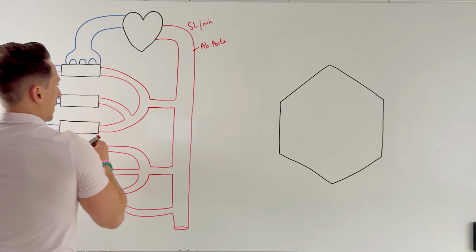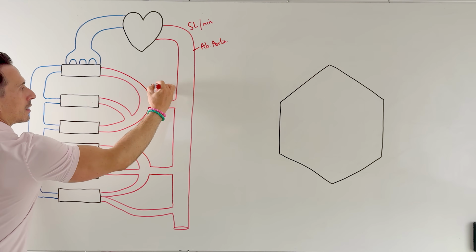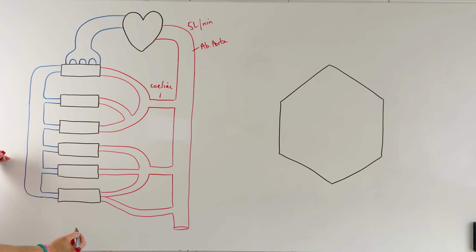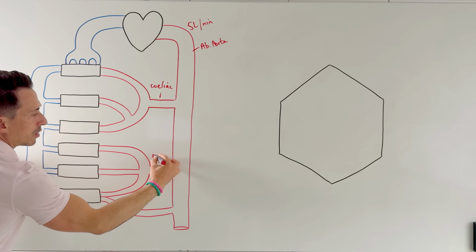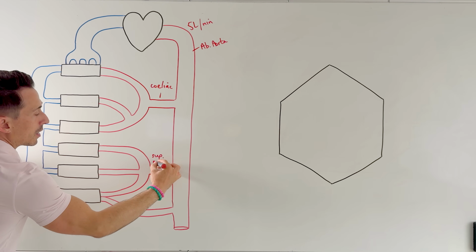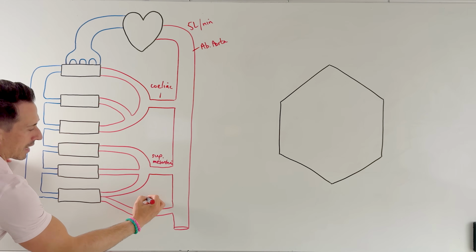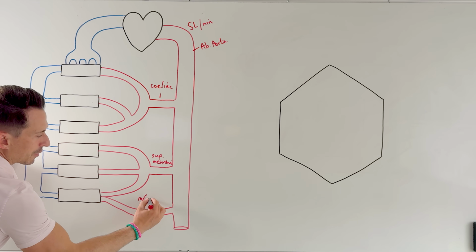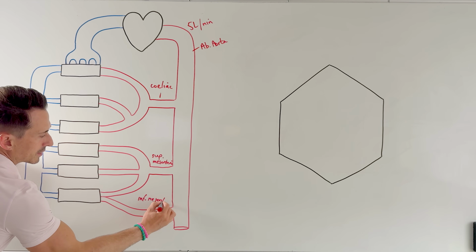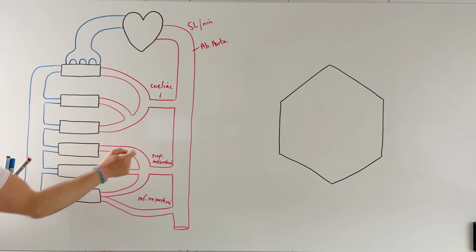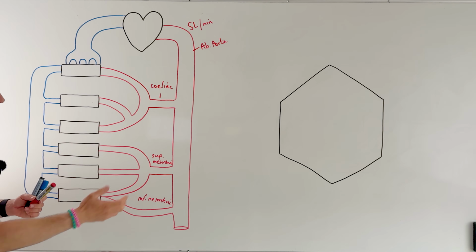These branches include the celiac trunk, the superior mesenteric, and the inferior mesenteric artery. So we've got the celiac trunk, the superior mesenteric artery, and the inferior mesenteric artery.